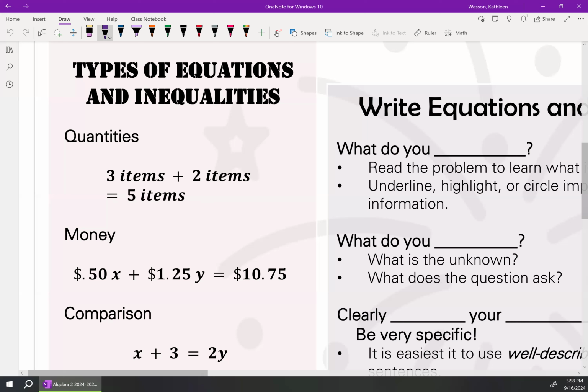So 50 cents each times the number of sodas, plus $1.25 each times the number of hamburgers I sold. And altogether, I know how much money I raised, but I don't know how many hamburgers there were and how many sodas there were. And this is how that equation would look.